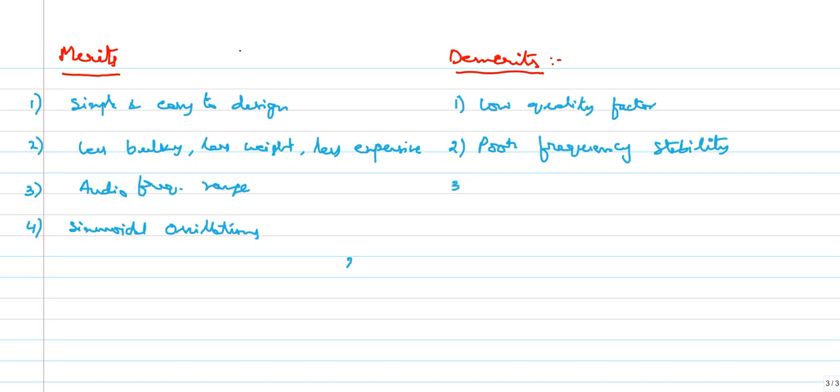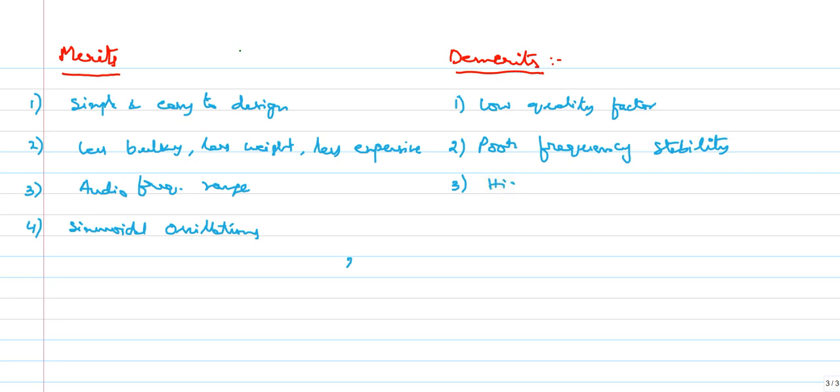The third point is, to generate high frequencies, the required feedback network capacitance becomes too small, comparable with the stray capacitances. Hence it has no marked advantage over LC oscillators. So there is very little opportunity of getting high frequencies.